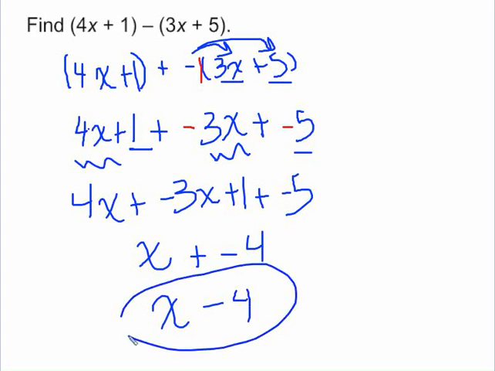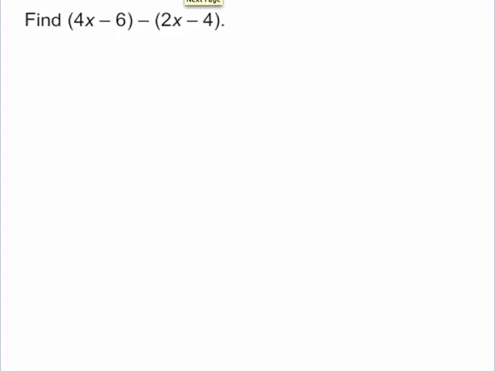Alright, let's try this again. So this example here is going to be slightly different because now I have minuses inside the parentheses, so I'm actually going to go the route of changing everything into an addition problem to start. So I'm going to start with the first parentheses. I'm going to change that to 4x plus negative 6 plus negative 2x plus negative 4.